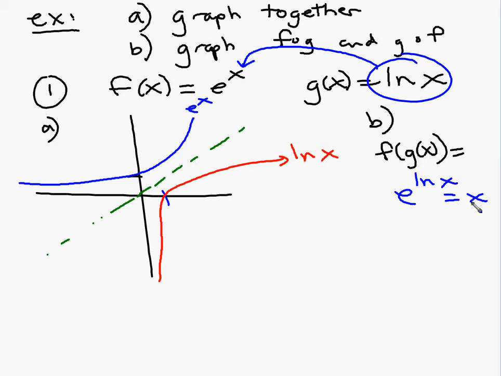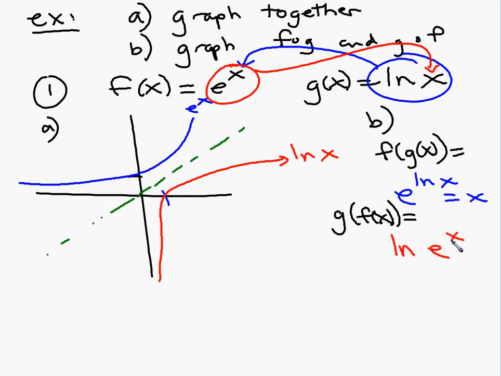So what if I were to do g of f? What if I were to go the other way? Well, now I am plugging f into g. So I'm going to have the natural log of e to the x. There's another property. The natural log of e to a mess is the mess.